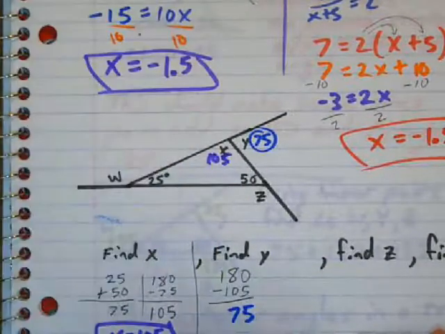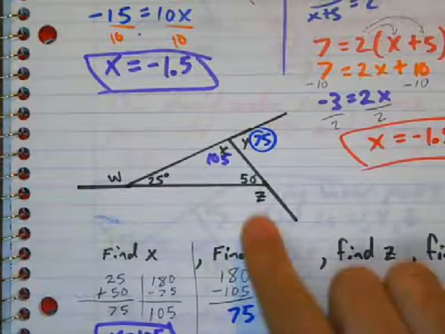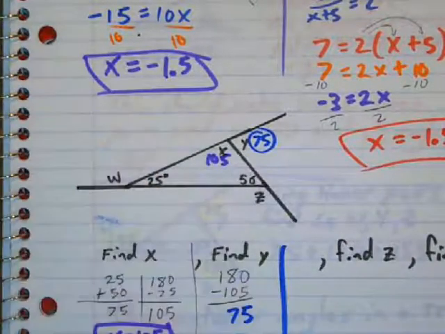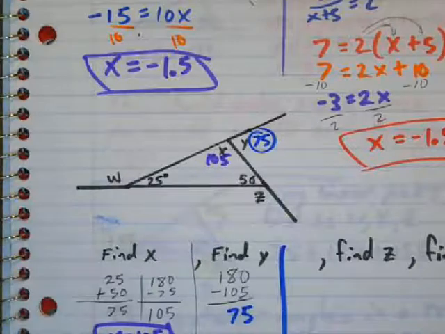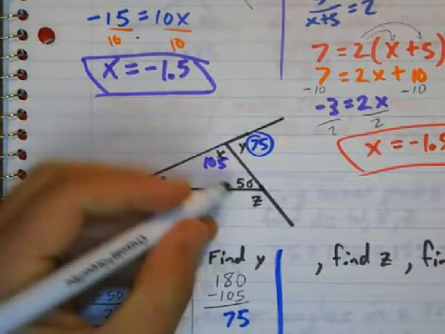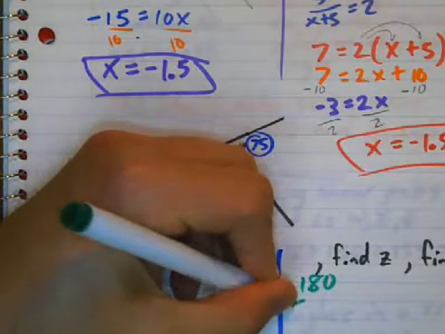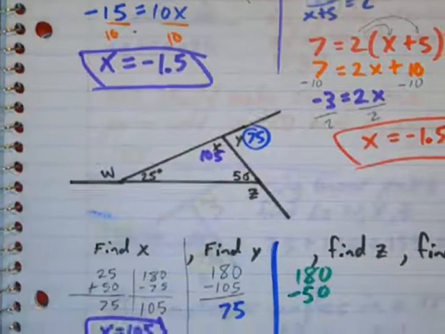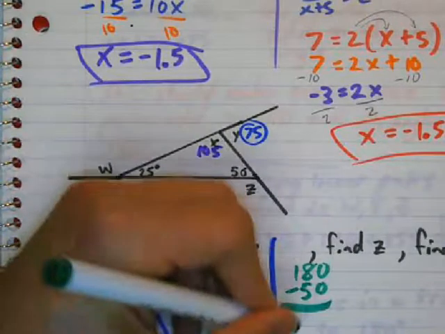Okay, and then to figure out z, I can say that this makes a linear pair, right? So I could say 180 minus 50 is going to give me 130.